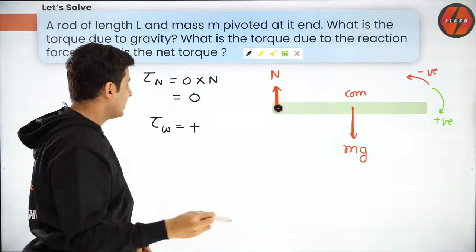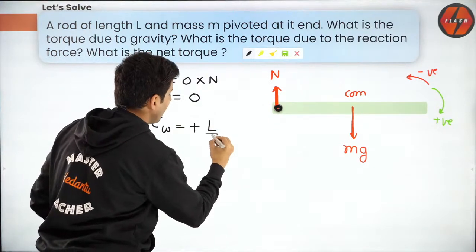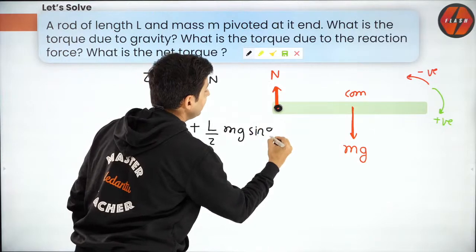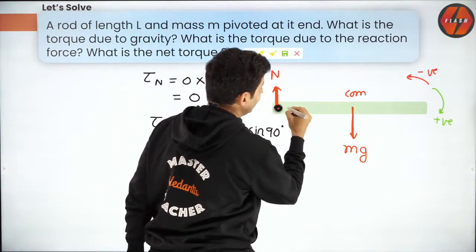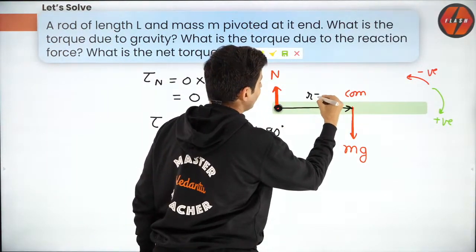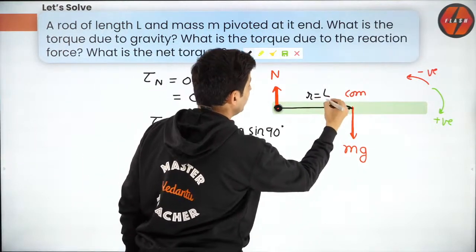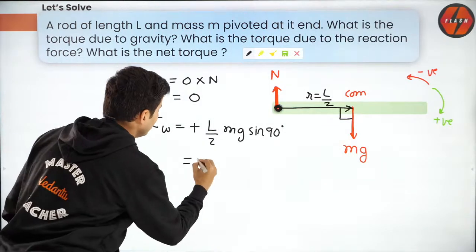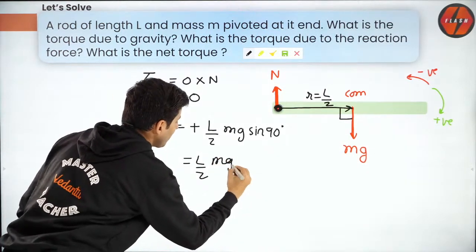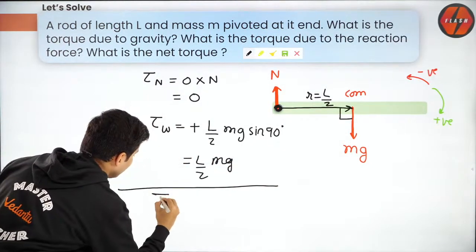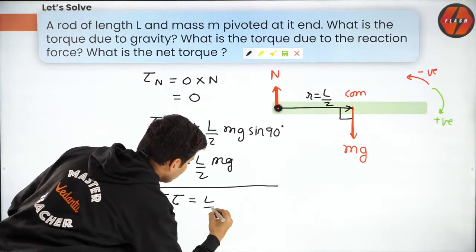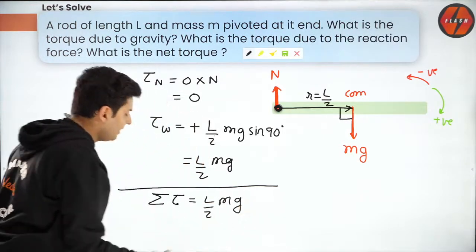What is the distance? L by 2. What is the force? mg. What is the angle? 90 degrees. If you have not understood why the angle is 90, look at it. This r is L by 2, and the angle is clearly 90 degrees. So hence it is L by 2 mg. And if you add them, you will get the net torque. So this is 0 plus L by 2 mg. That's it. This is the net torque.